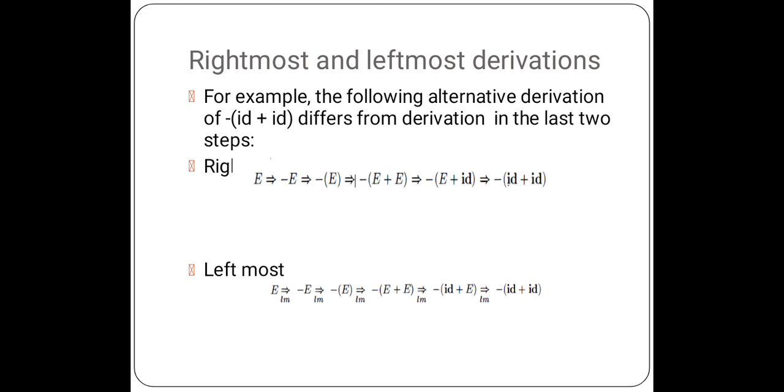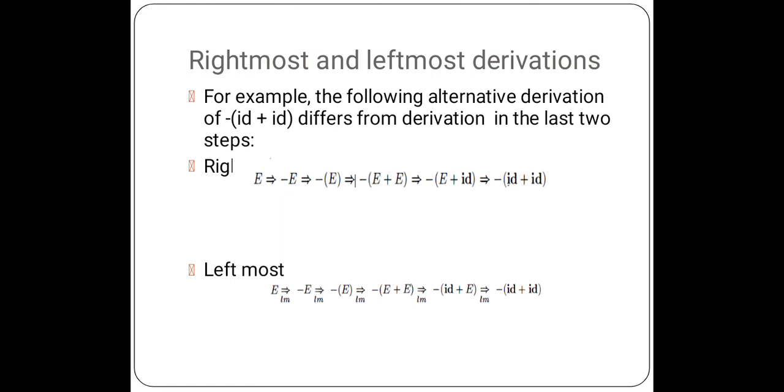In these replacements, we take the rightmost non-terminal and convert it into the particular input string or another non-terminal. So we take the rightmost non-terminal present in a production and replace it. We call this a rightmost derivation.